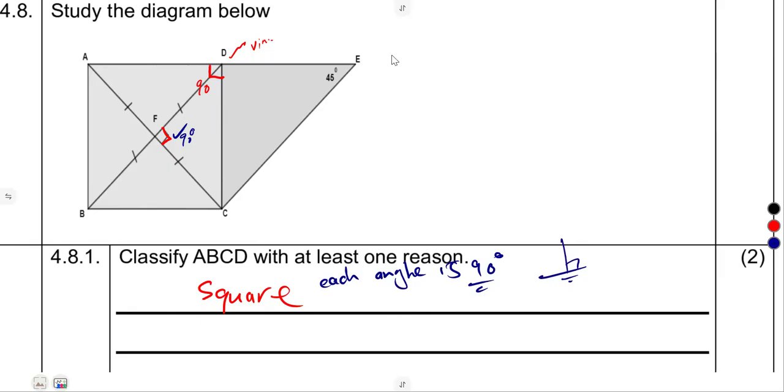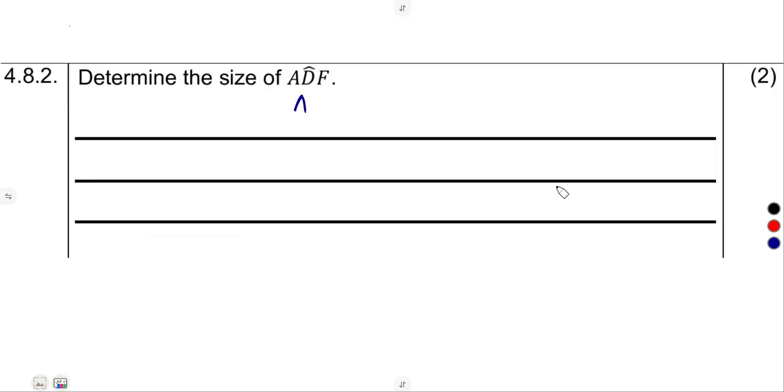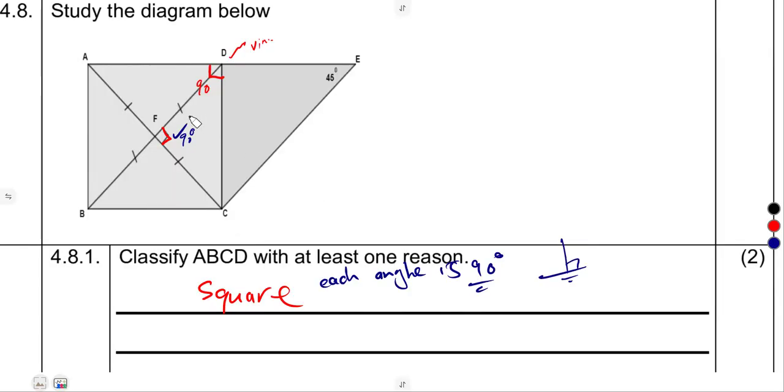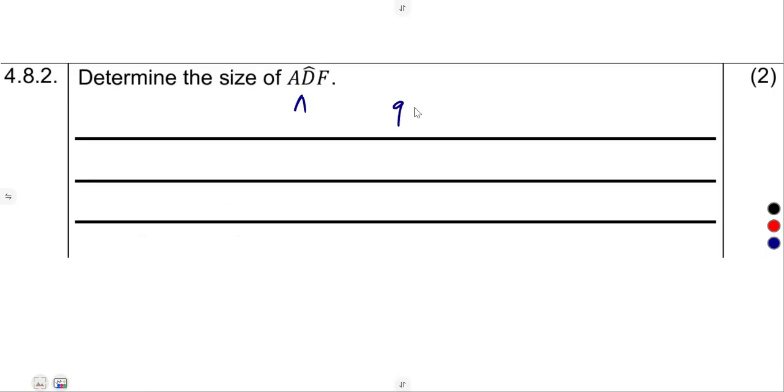Or what can we also use? Let's see. Another way. ADF, this one. We can try. Still it's going to be something like that from the previous case. Anyways, that is what we can just use there. We do understand diagonals bisect those vertex angles. So that's 90 degrees divided by 2, which is what? 45 degrees.